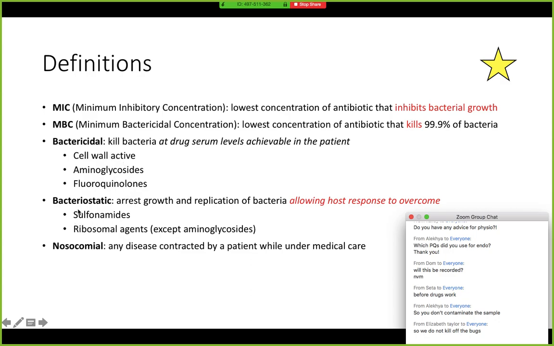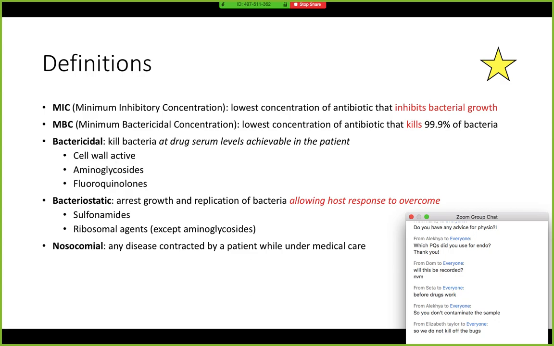So what I mean by that is if you can remember that your sulfonamides and your ribosomal agents, with the exception of aminoglycosides, so that's your B-I at 30, C-L at 50, with the exception of the A and aminoglycosides, that these two are bacteriostatic, then you know that everything else is bactericidal.